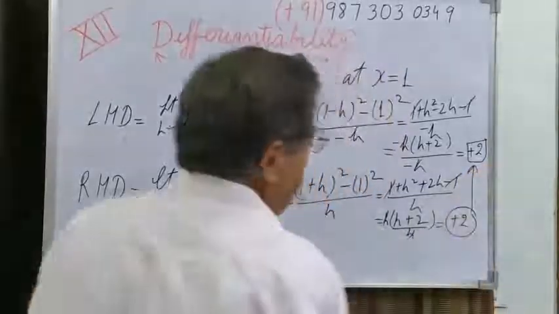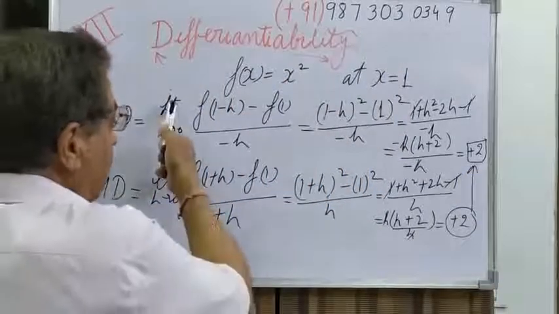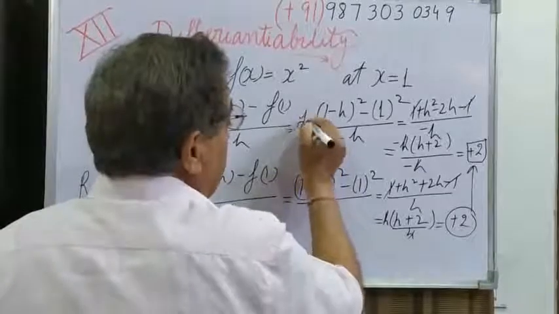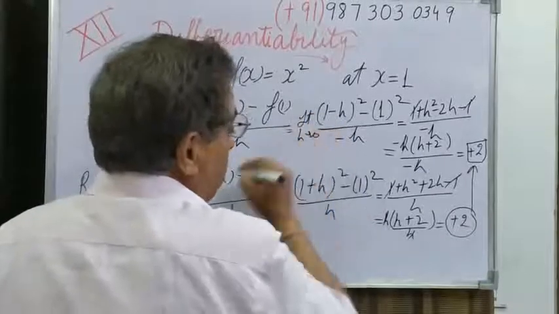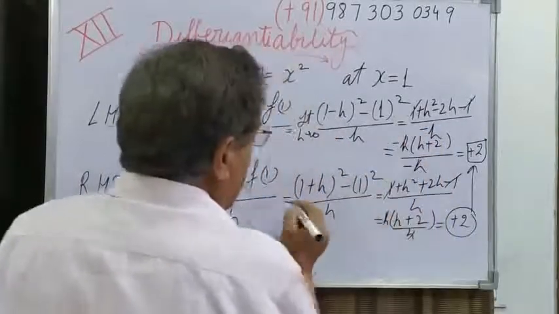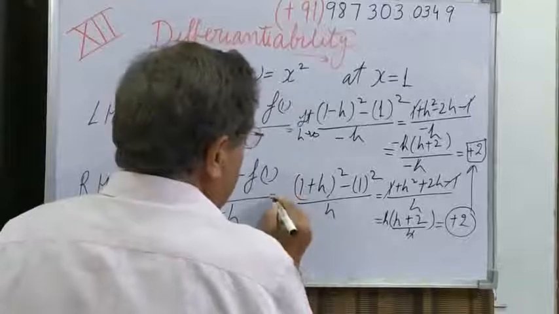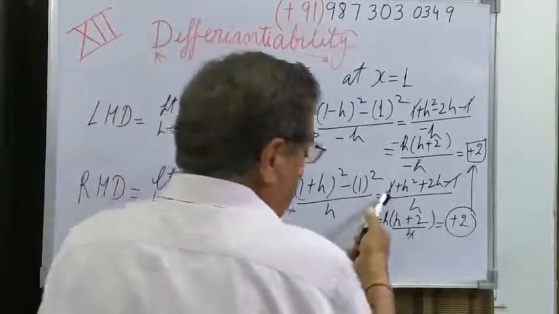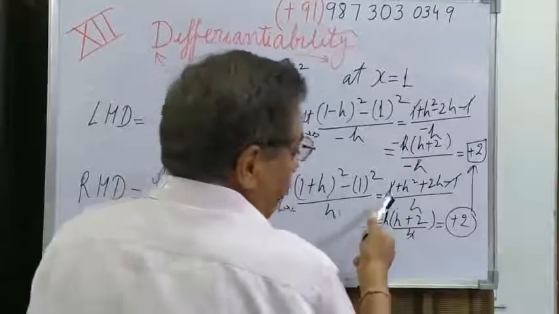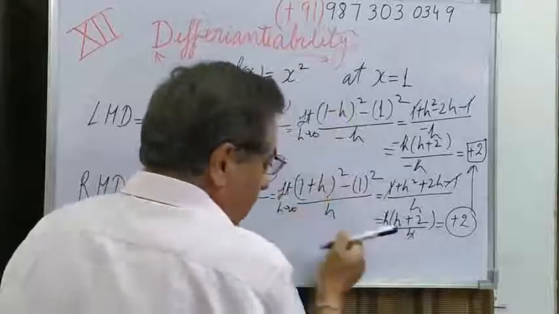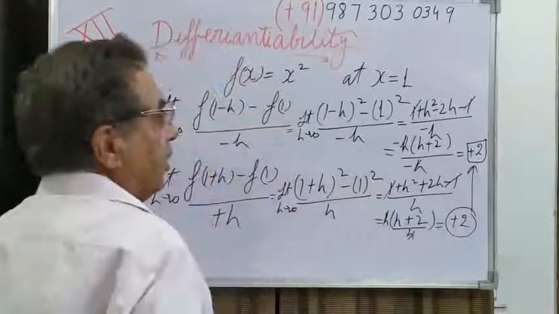So both are equal. Remember, this is limit h equals 0, and here also it is understood that limit h equals 0. Proceeding to the limit means we are putting the value of h to be 0, and we get 2.